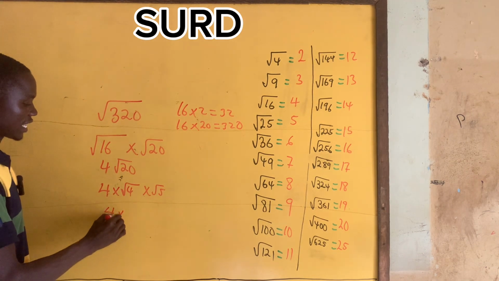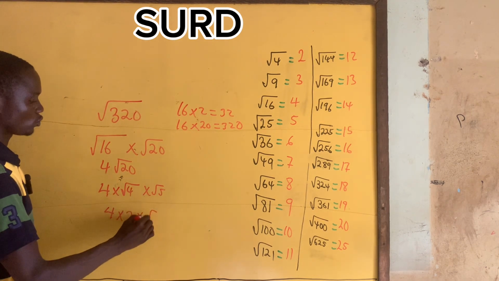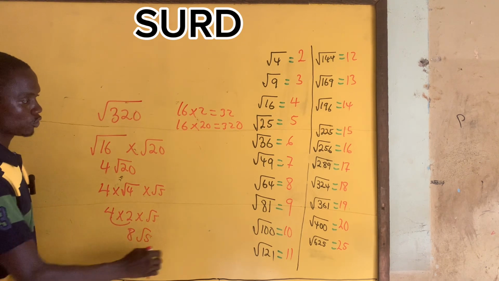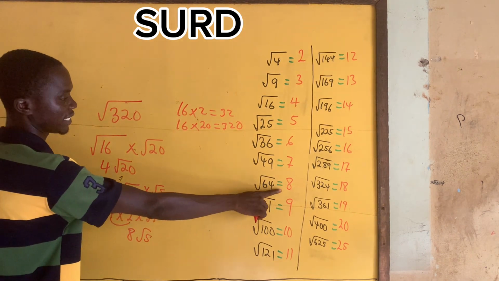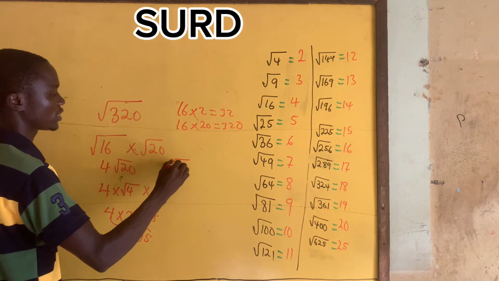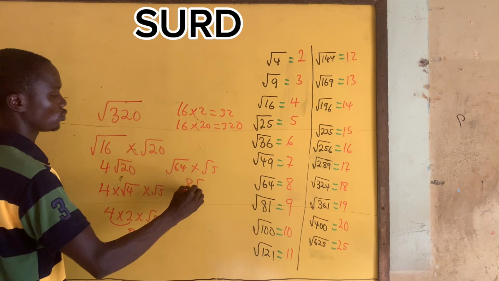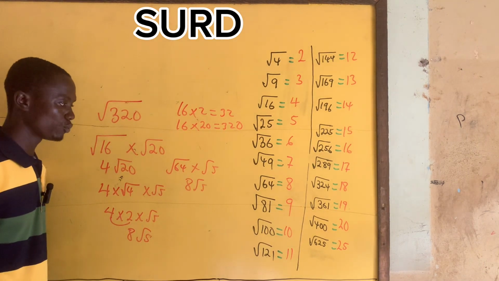So this is 4 times 2 times root 5. 4 times 2 is 8 root 5. So you see that root 64 is 8. If I had used root 64 times root 5, then this would be 8 root 5 in a very simple way.